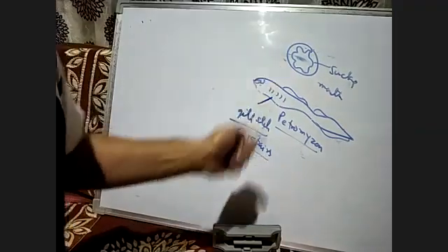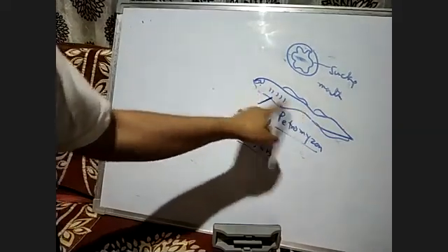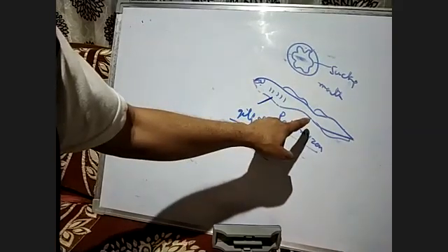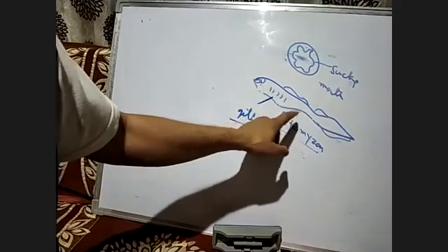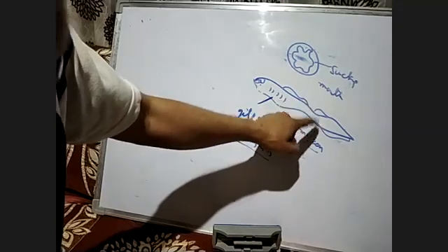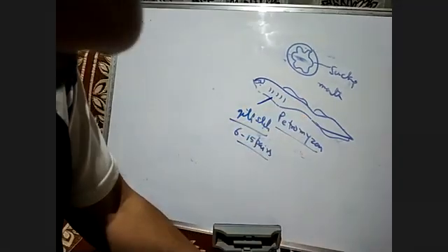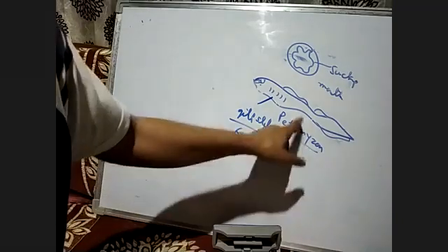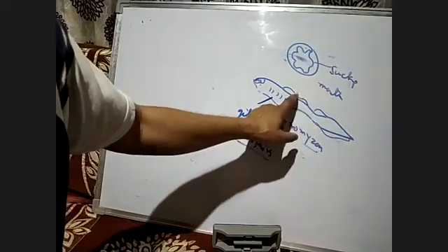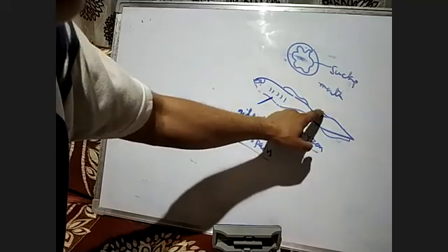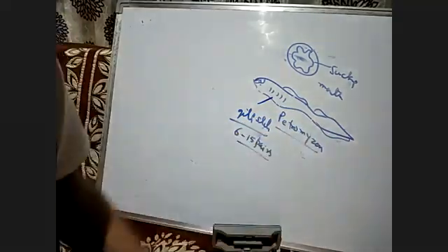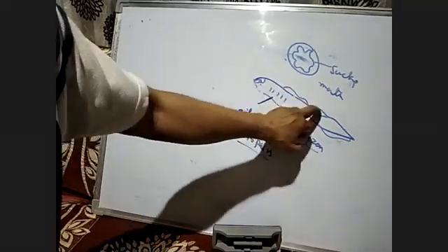And on the body they don't have scales. The body is devoid of scales, and they don't have paired fins. Fins are single. Here one fin, here one fin, here one fin.